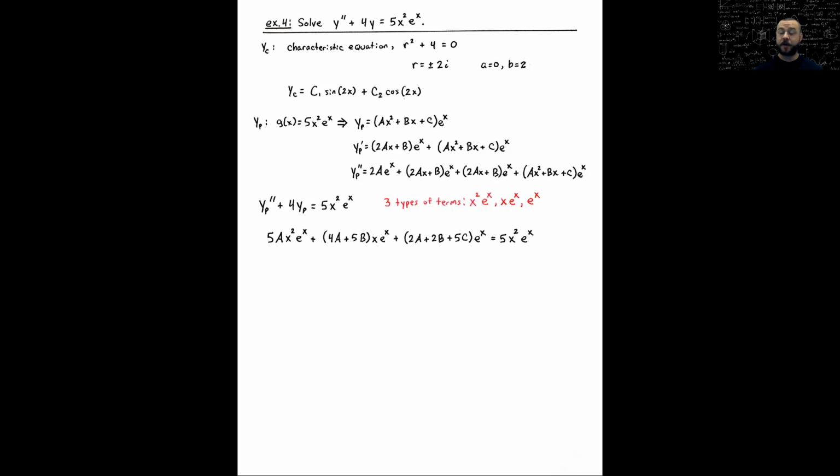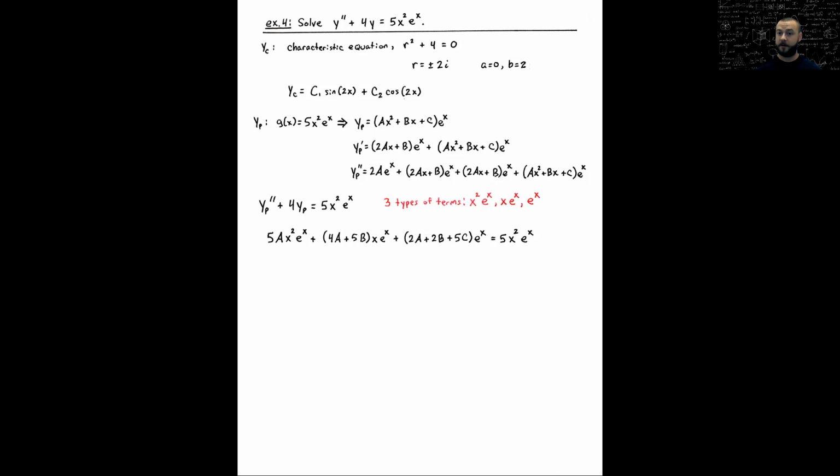All right, so if you did that correctly, we did the x squared e to the x coefficient. So we have in that non-homogeneous ODE 5a x squared e to the x. And if you extract your coefficients of x times e to the x, you should have 4a plus 5b. And if you extract all your e to the x coefficients, you should have 2a plus 2b plus 5c.